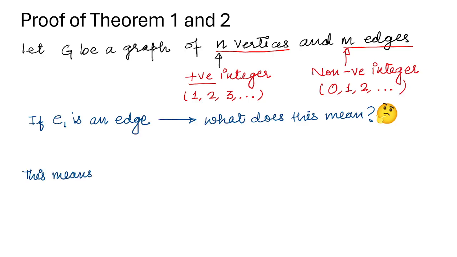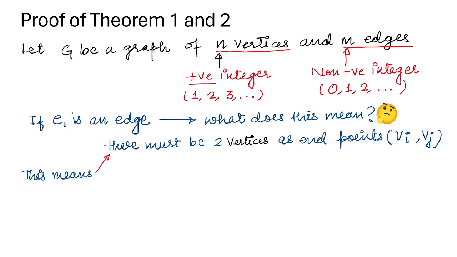There are two things we can understand here. If there is an edge, then that edge must have two end vertices, that is Vi and Vj. This is the first thing you can understand: if we have an edge, that infers that we must have two vertices as its endpoints, like this.